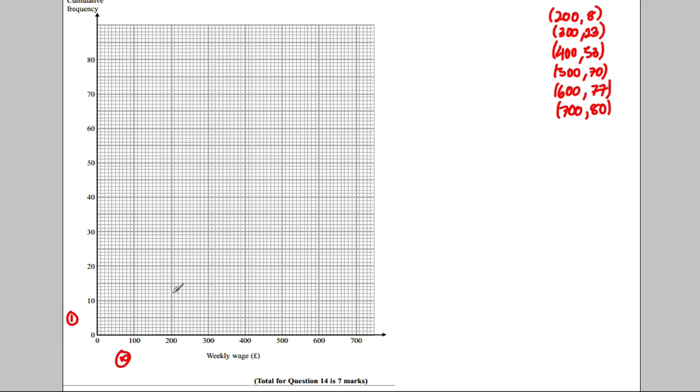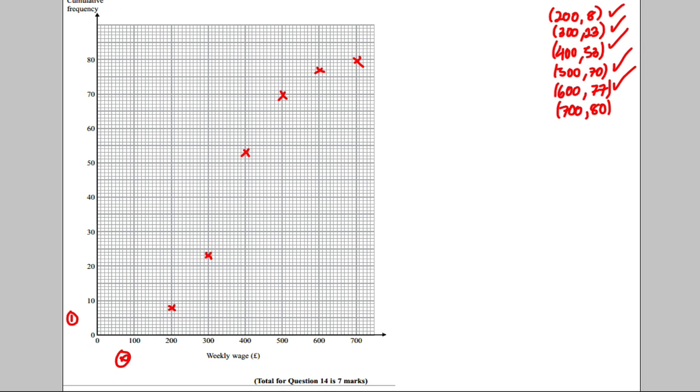Right, 200 versus 8, we go up 8 to here, done. 300 against 23, 20, 1, 2, 3, done. 400 against 53, up to 50, 1, 2, 3, done. 500 against 70, done. 600 against 77, there's 75, 6 and 7, done. 700 against 80, done like that.